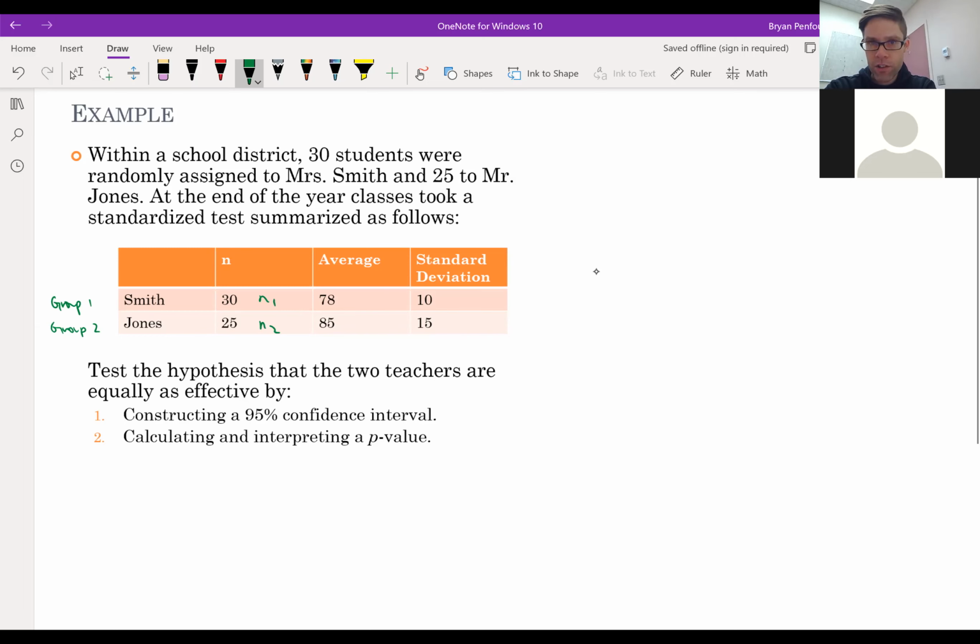We have averages. So these are the average score on the standardized test. So we can take these to be our X bar 1 and X bar 2. And then we have the associated standard deviations of these tests as well. So we're going to take 10 and 15 to be our S1 and S2.